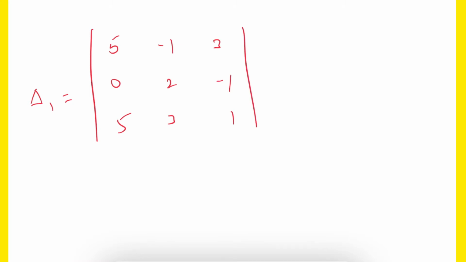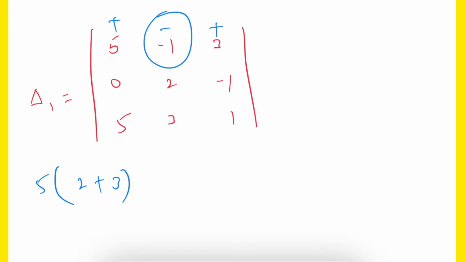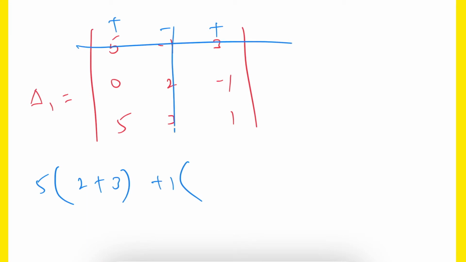Okay, let us find the determinant for this. It will be plus minus plus. So 5 into 2 ones are 2, minus 3 into minus 1, minus 3, already minus is there, so it will become plus 3. Next, minus of minus 1, plus 1 into, removing this column and row, 0 into 1 is 0, minus 5 into minus 1, minus 5, it will become plus 5 then.